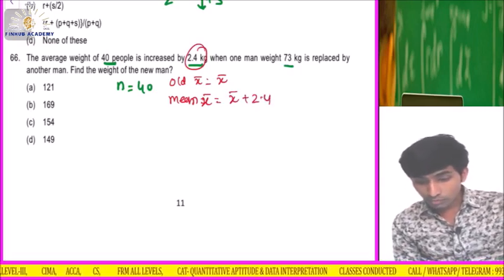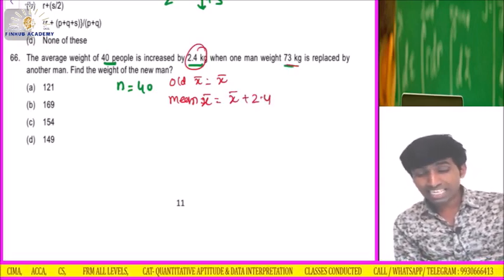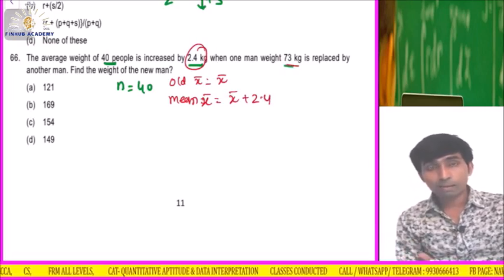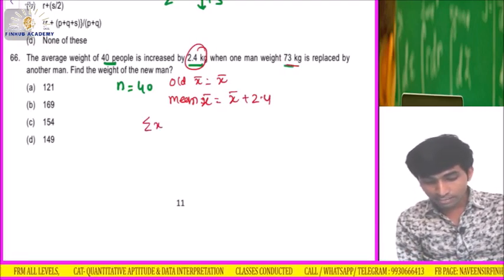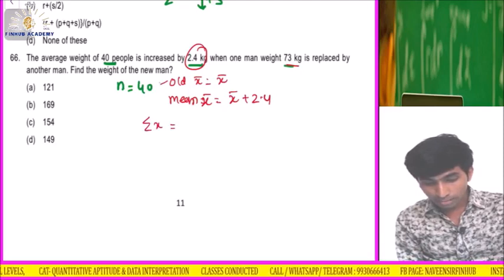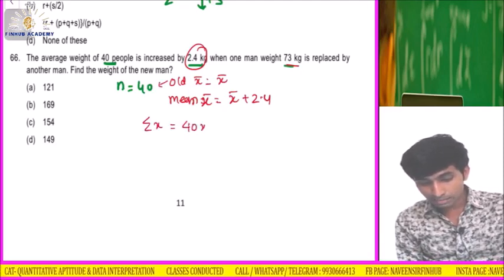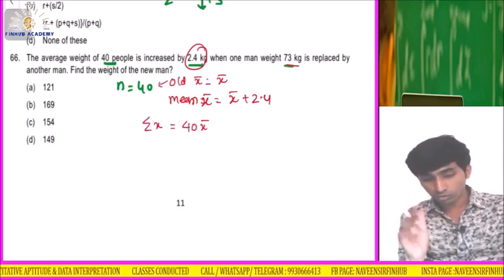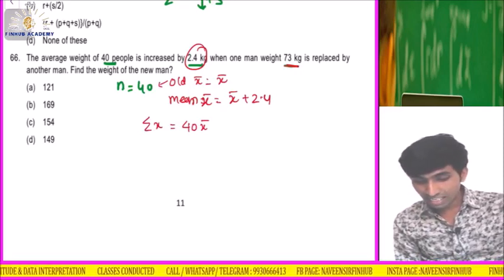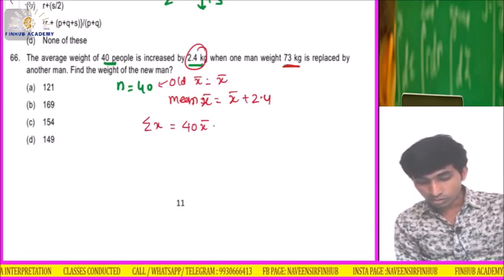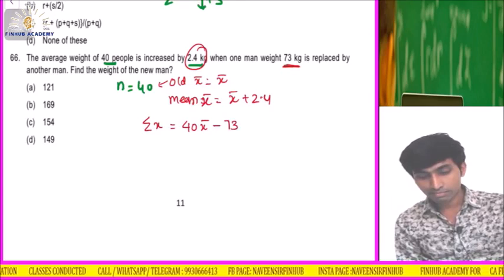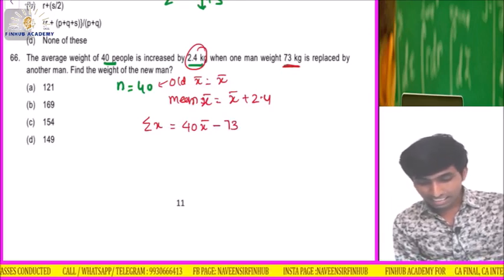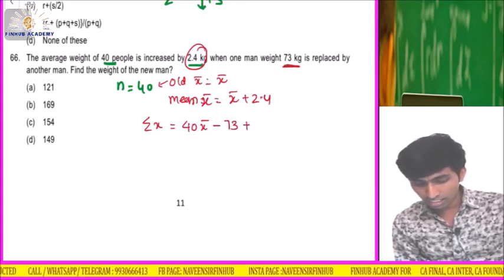And one man of weight 73 is being replaced, means I remove the 73. One minute. Listen, can I calculate summation x, that is old, multiplied by this, that is 40 x bar, right? Now this is the summation total of the old data. I am replacing 73 with the new, so I will do minus 73, please understand, and plus that new man's weight, which I don't know, so I will take it as x.